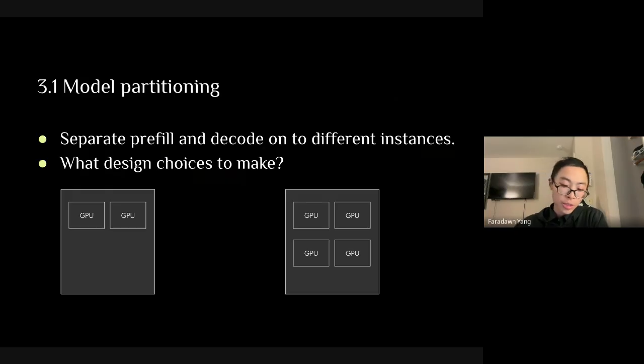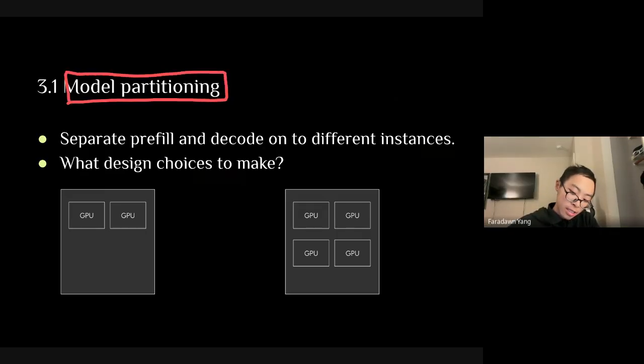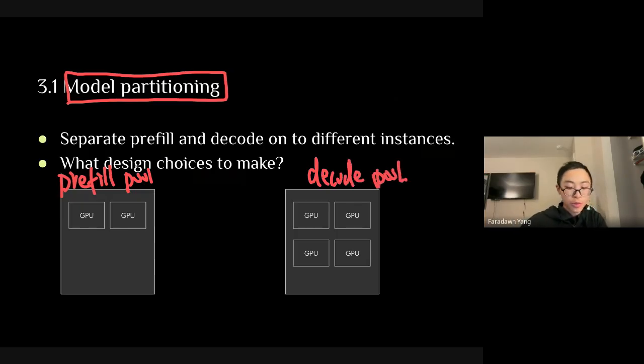The first design choice is model partitioning. On the left, you have the prefill pool. On the right is the decode pool. As for model partitioning, there is tensor parallelism.